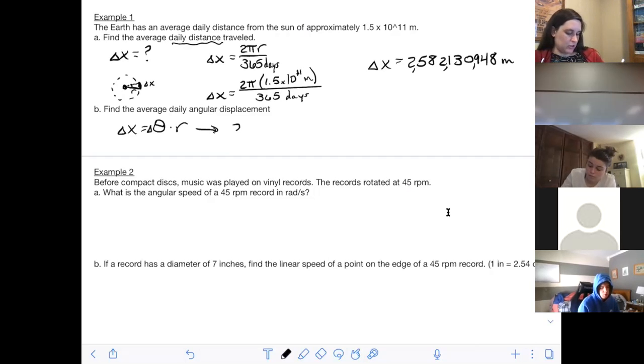Let's do that. 2,582,130,948 meters is equal to delta theta times 1.5 times 10 to the 11th meters, because that's our r.